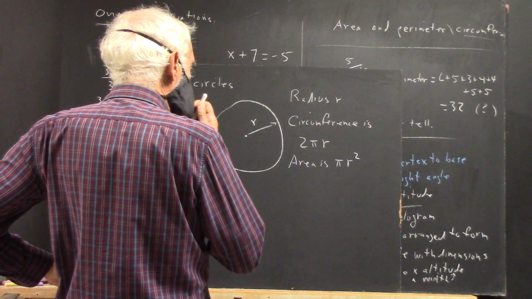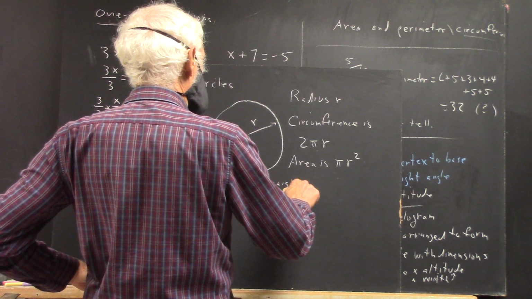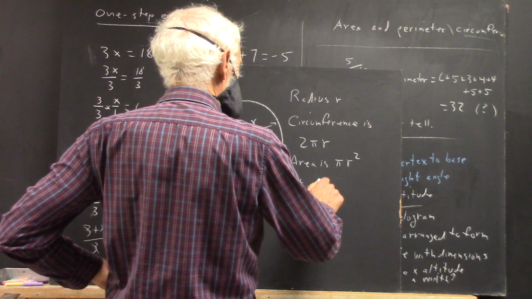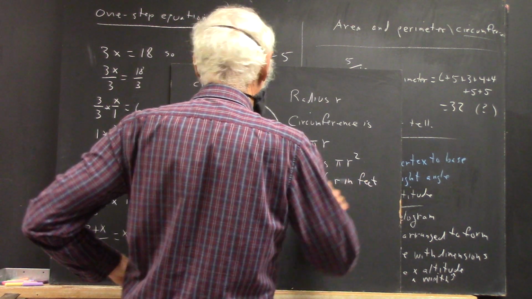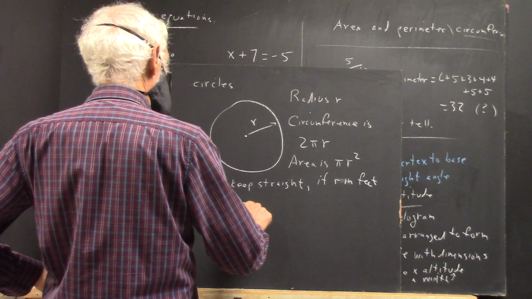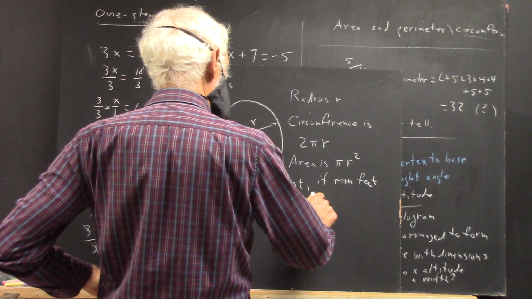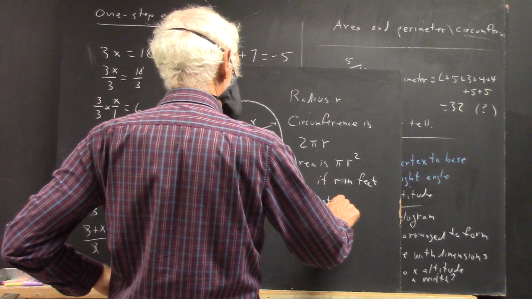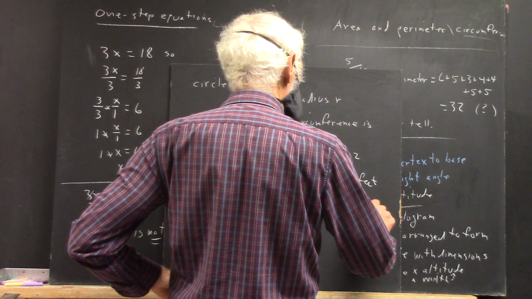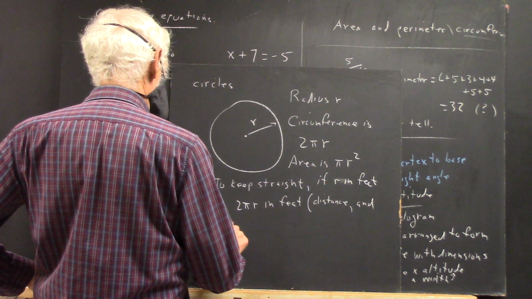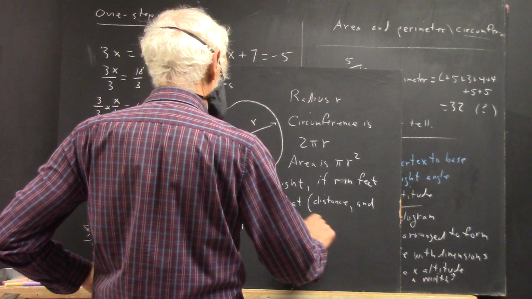So 2 pi r in feet, that's a distance in circumference.